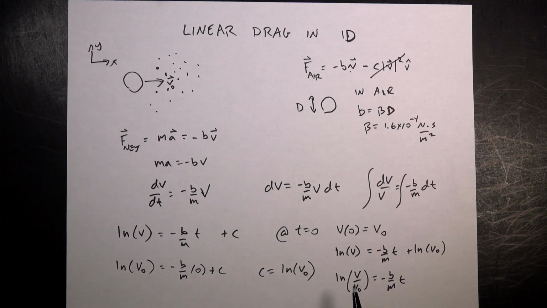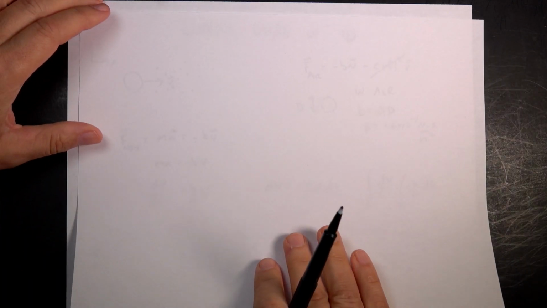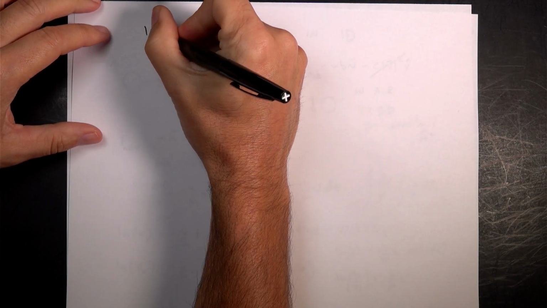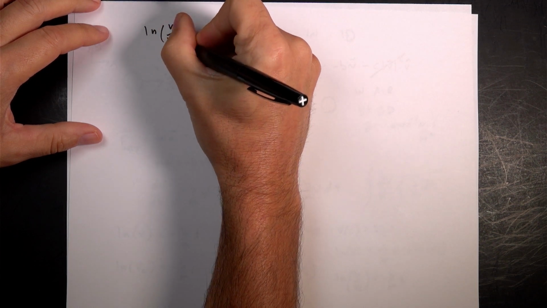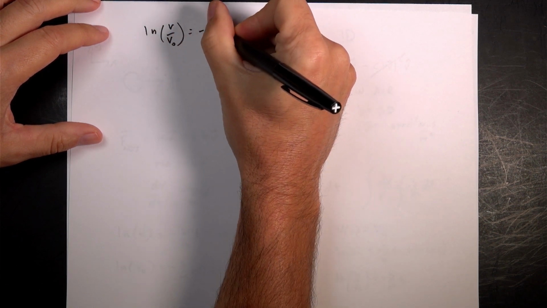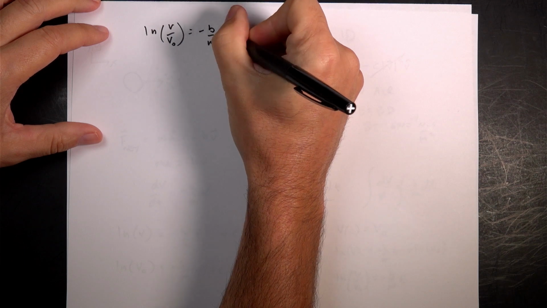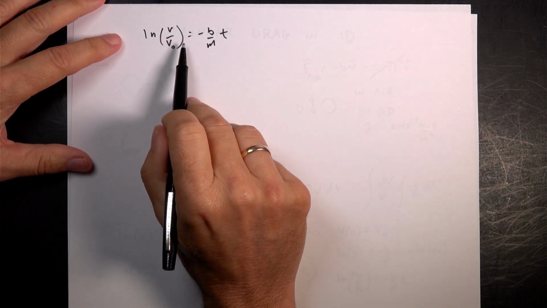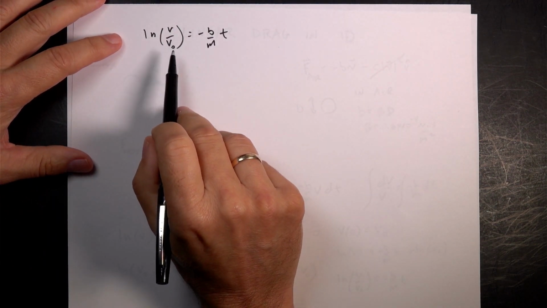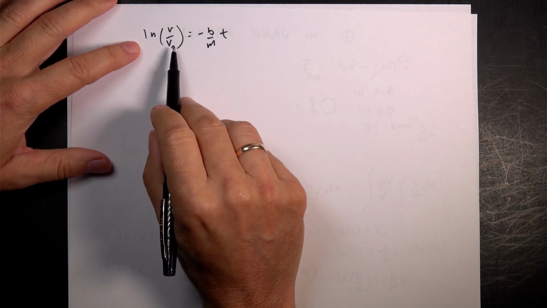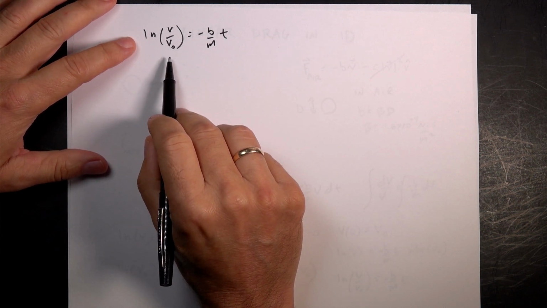Now what I want is velocity as a function of time. So let's just take both sides of that and raise it to the power of e. Here's what we had: natural log of v over v0 is negative b over m t. So if I raise each side to the power e, I get e to the natural log of v over v0, which is just v over v0.